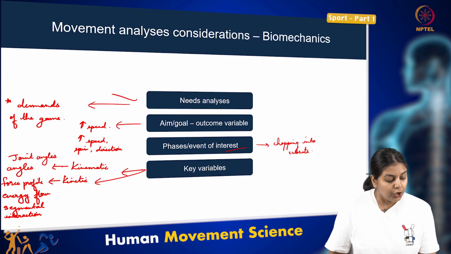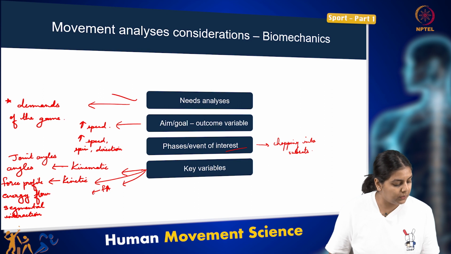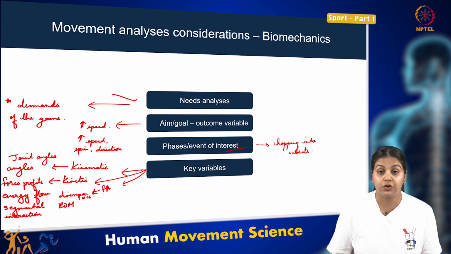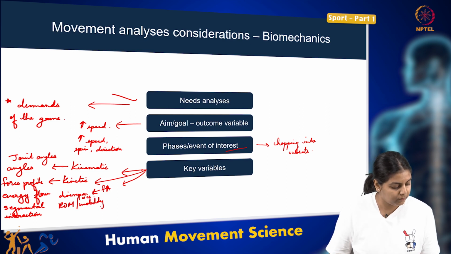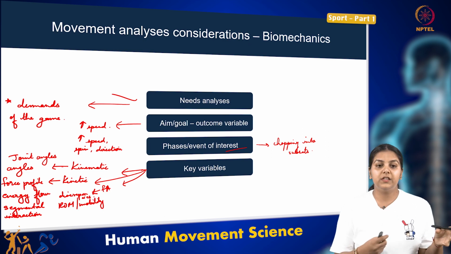So all of these could be key variables if you're analyzing a skill. You could also have anatomical variables or functional anatomical variables, which could be looking at if there are any discrepancies. Or you could also have a look at range of motion or mobility. Right? So all of these are different variables.